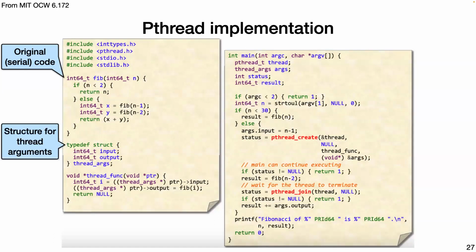And then there's thread func, which is the function you're going to call when you create your thread. Your input i is taken from the thread args. That's the fib index that you want to compute, and the output is going to be the result of fib of i. And then you just return null because nothing went wrong.